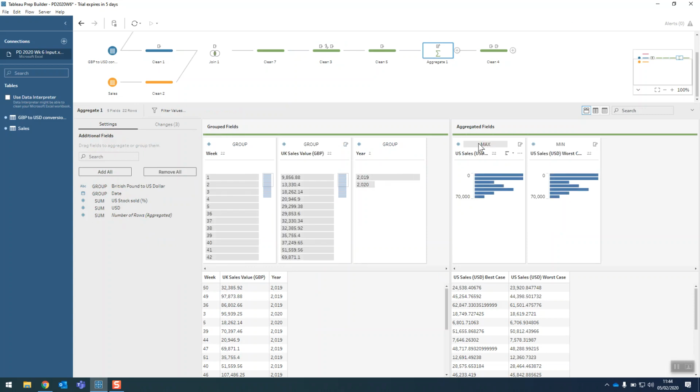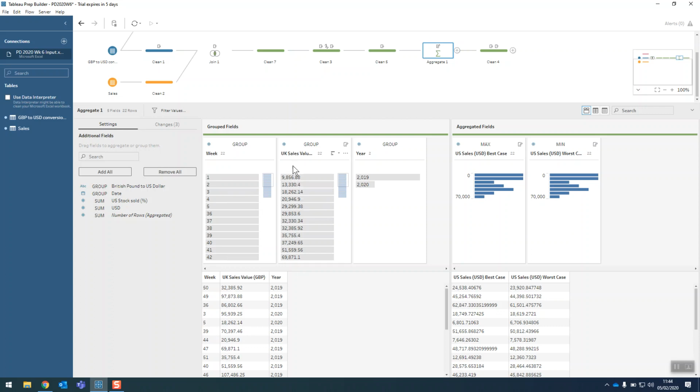We want to do the minimum and the maximum of that. And then that gives us the best and the worst case scenario for each week. So for each week, which day would be best to make the currency exchange, or worst.